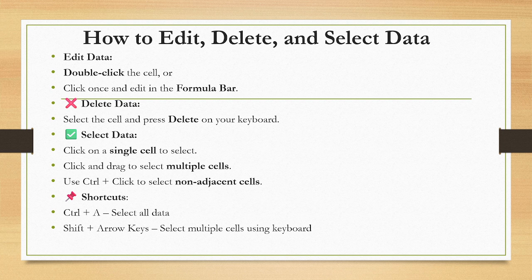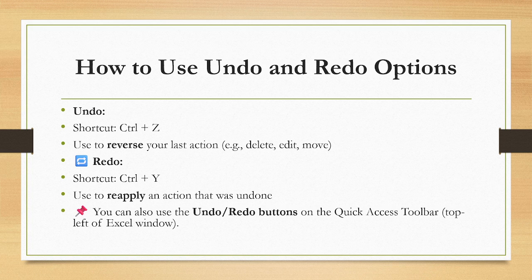Click and drag to select multiple cells or use Ctrl plus click to select non-adjacent cells. Shortcuts: Ctrl A selects all data. Shift plus arrow keys select multiple cells using the keyboard.